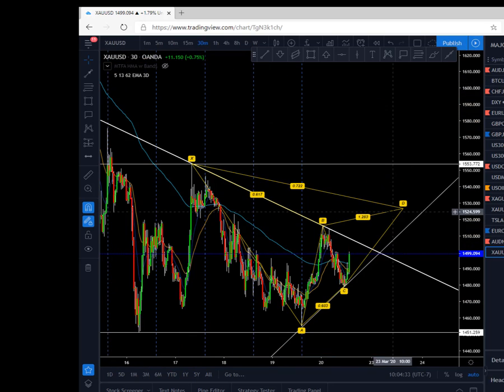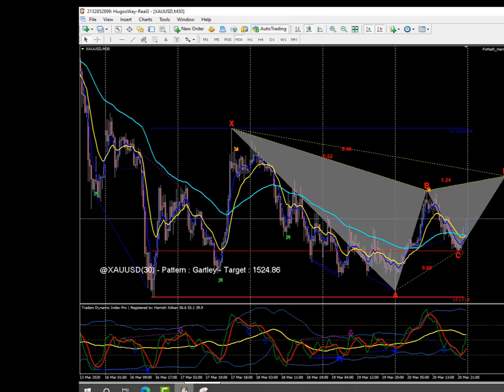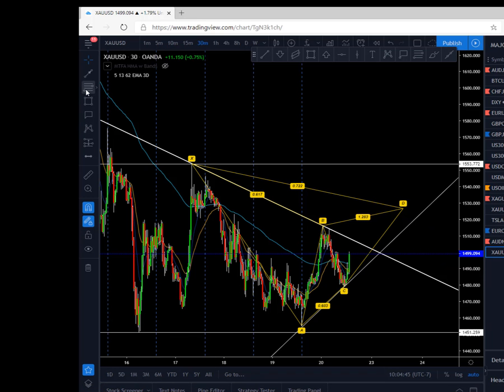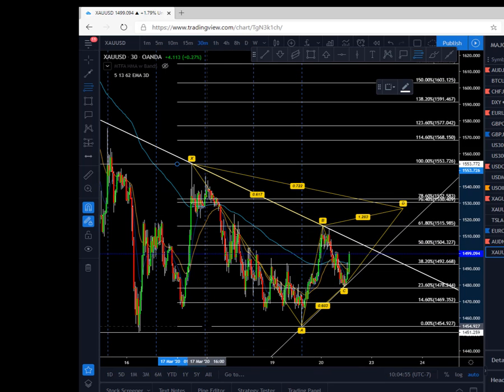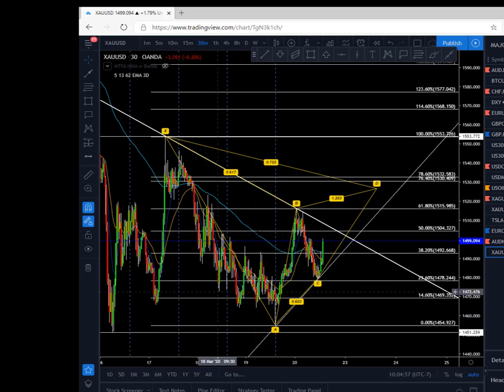Okay, now I'm going to confirm that this is the Gartley pattern using the fib retracements. As you can see, the scanner called this incomplete Gartley. So I'm going to use my fib retracement from X to A, and that B point completes at the 61.8.